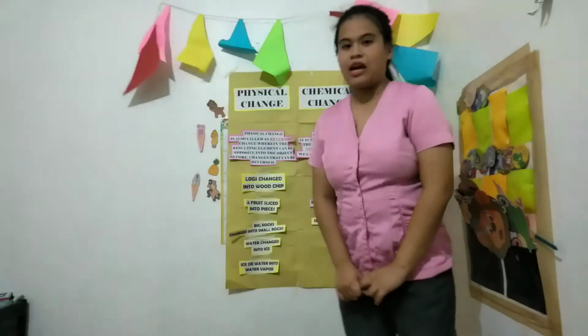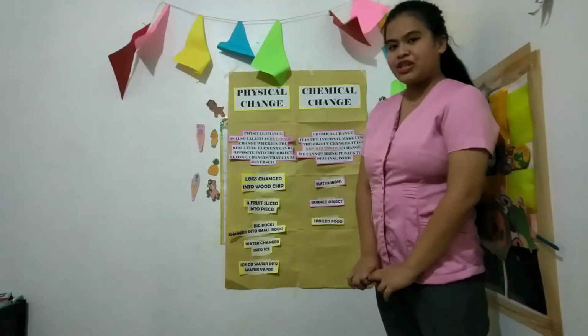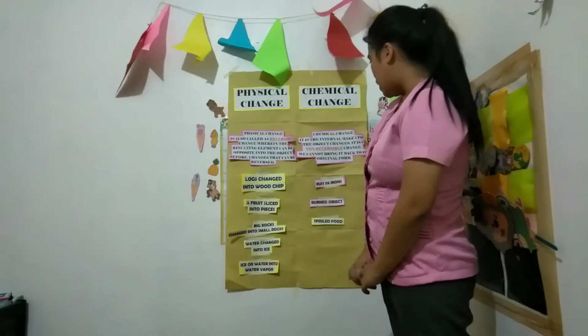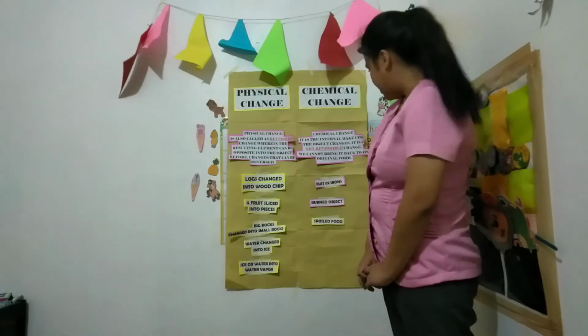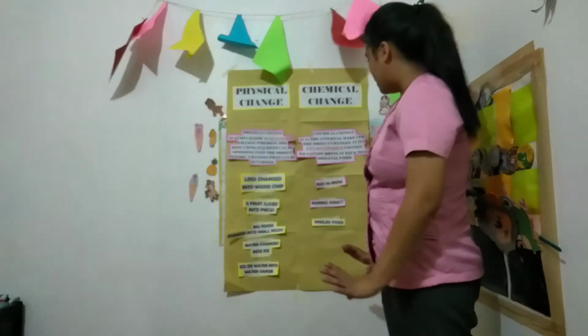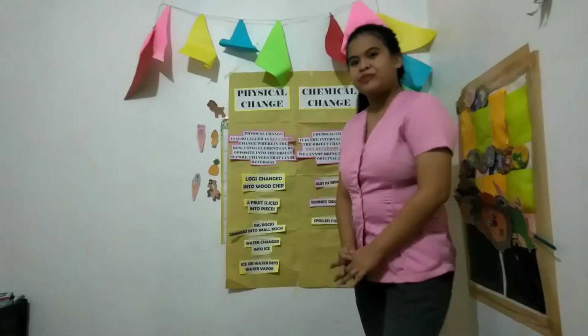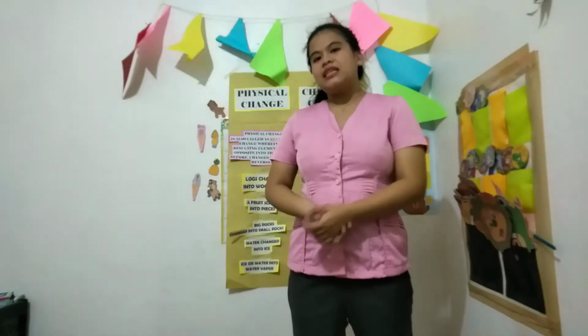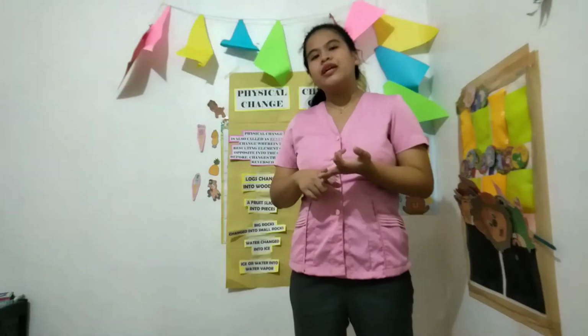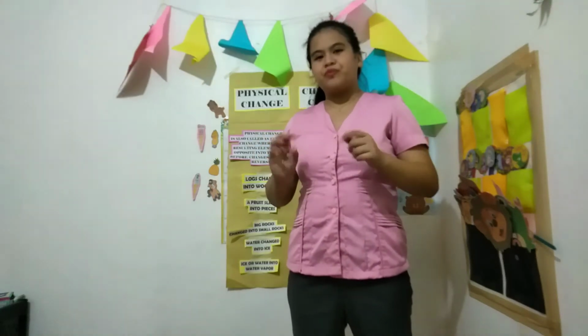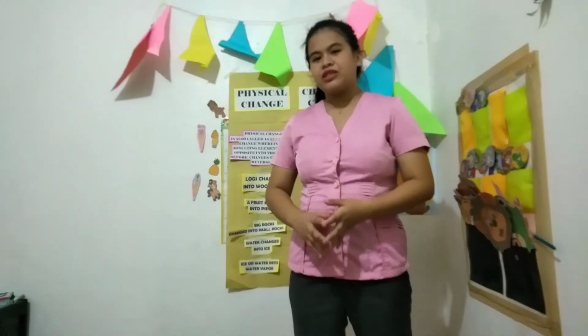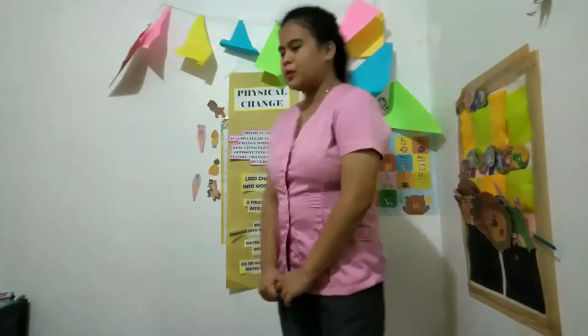Next is the chemical change. Chemical change is when the internal makeup of the object changes. It is a non-reversible change. We cannot bring it back to its original form. Like the torn paper, like the burned matches, we cannot bring them back to their original form because it is non-reversible.